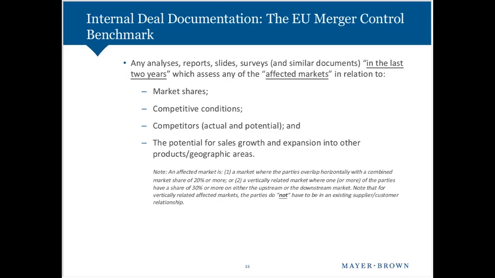What they're looking for is markets where the purchaser and the target actually overlap, either in a horizontal sense or in a vertical sense. But I think the noteworthy points here are they're looking for documents looking at the markets, the subject of the merger, and they're going to go back as much as 2 years, so potentially to a time when nobody had any idea that they might actually be going to do a deal.